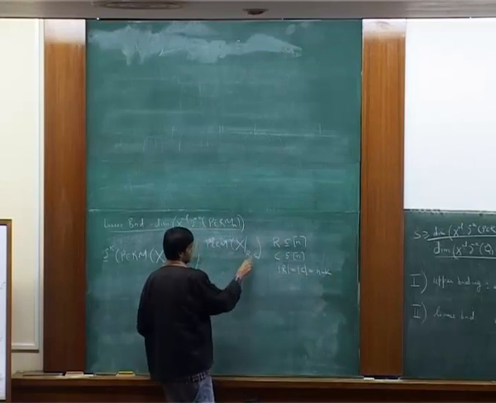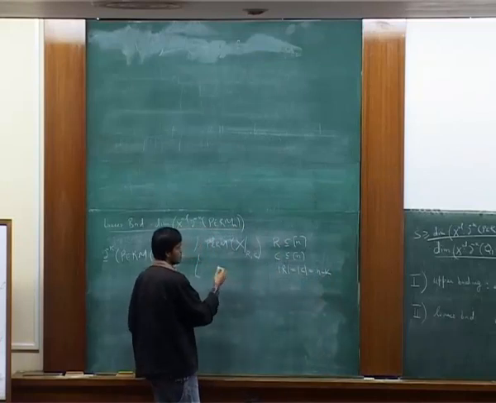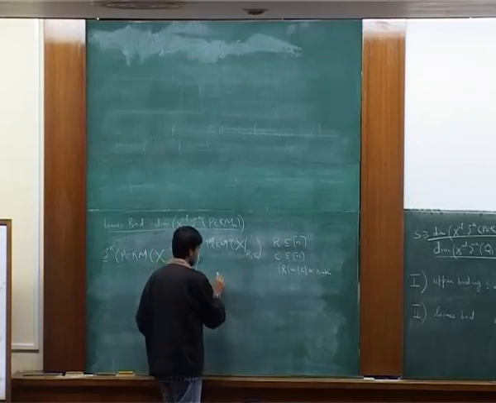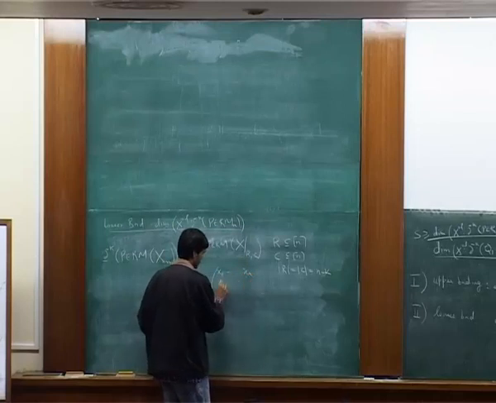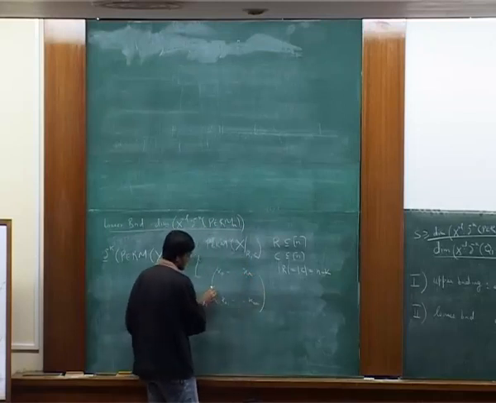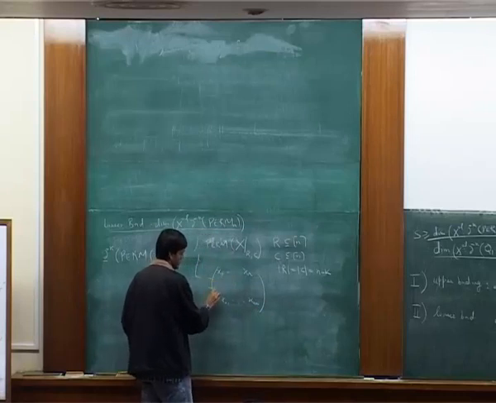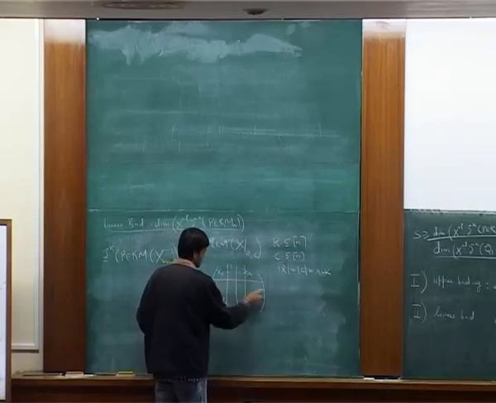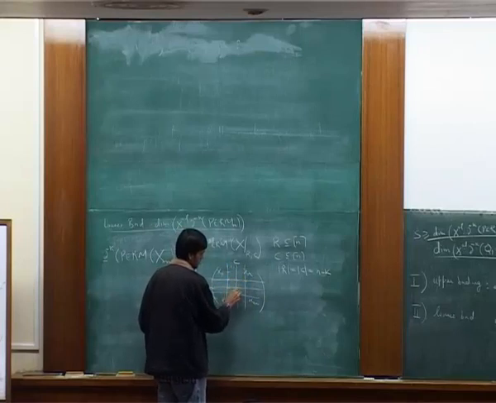What I mean by this notation is that you take a subset of rows, called R, and then you take a subset of columns, C, and then you get a submatrix.